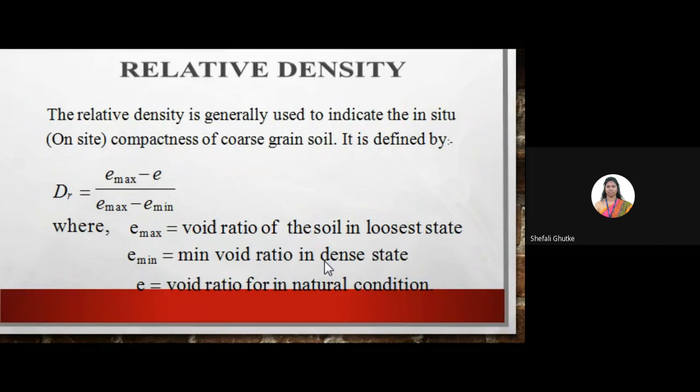It is defined by Dr equal to (e max minus e) divided by (e max minus e min) into 100, where e max is the maximum void ratio in the loosest condition, e min is the minimum void ratio in the densest condition, and e is the void ratio in natural condition. Likewise, we are going to find the relative density.